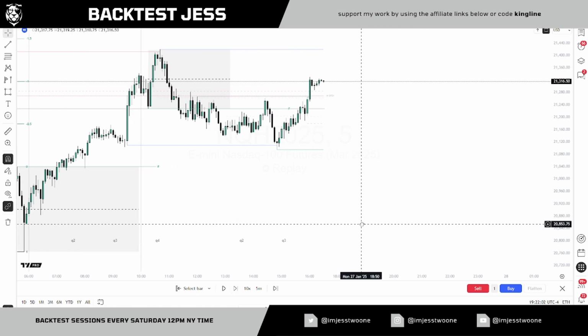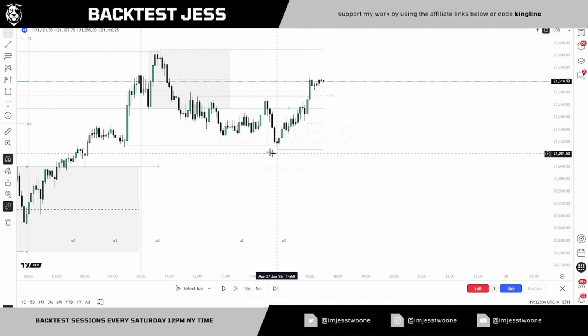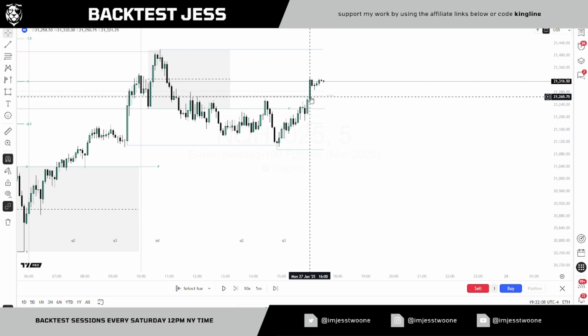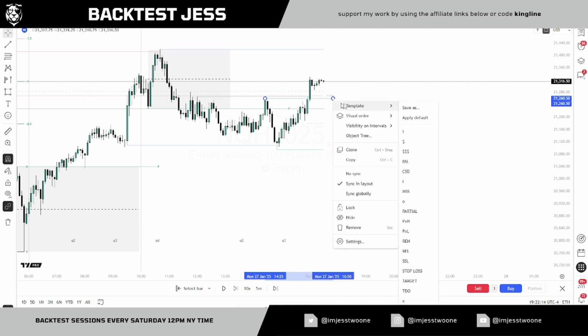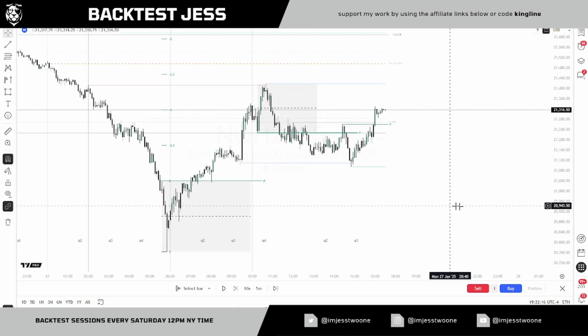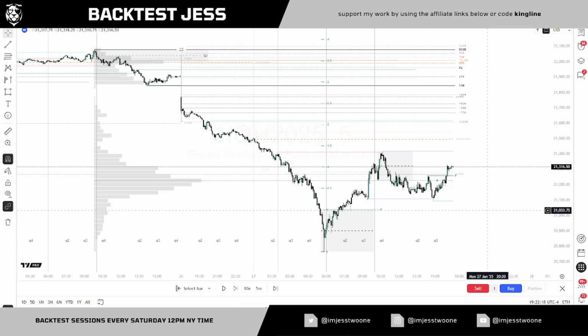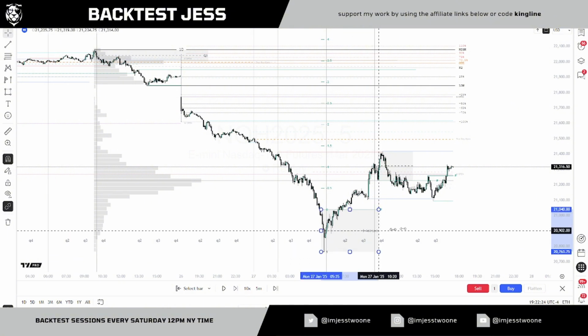We liquidated AM session low. We do have a bullish CSD here, and it is in Q3. Overall narrative is not necessarily bullish, but this deviation from the low is still holding.